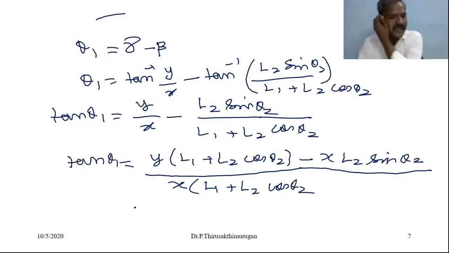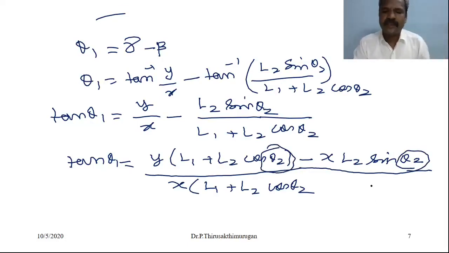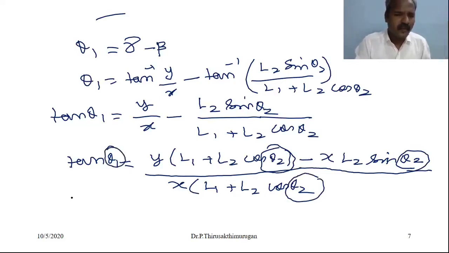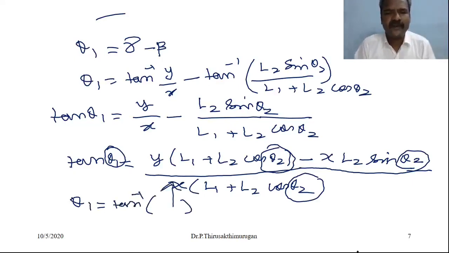If you know the theta 2 value, already determined from the previous relation, substitute theta 2 in this expression, in the places where it appears, and we will get theta 1. So theta 1 equal to tan inverse of this value. This is the reverse kinematic solution for a double R, 2 degree of freedom robot.